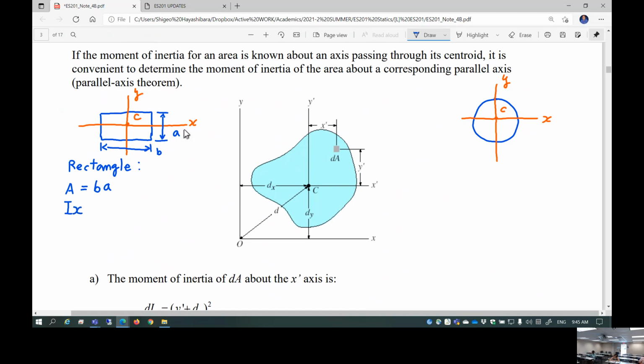Now the x-axis goes through the centroid, so I'm going to call this IXC. Okay, so this is the moment of inertia about the x-axis going through the centroid, IXC. This is equal to 1/12 B times A cubed.